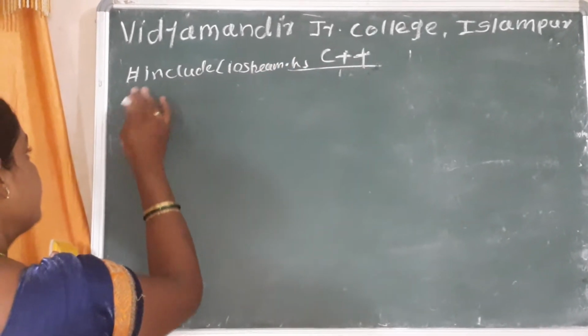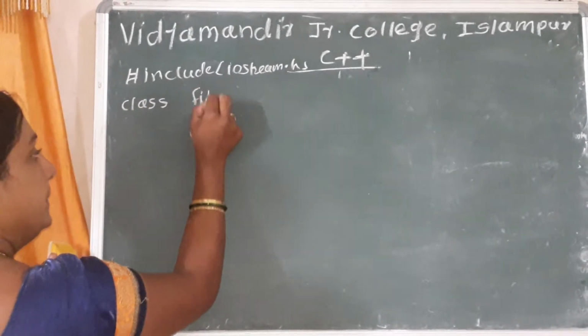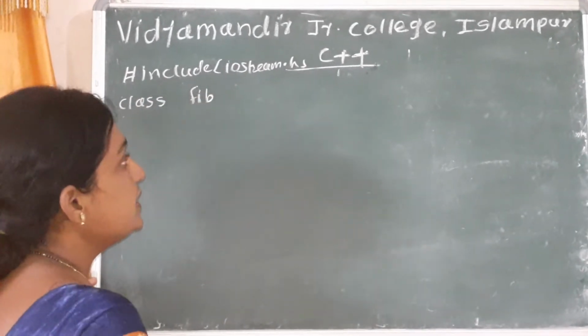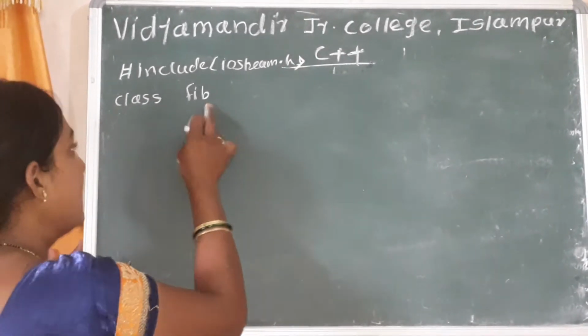Next, first we create a class FIB, because we want to generate a Fibonacci series. So here FIB is the name of the class.